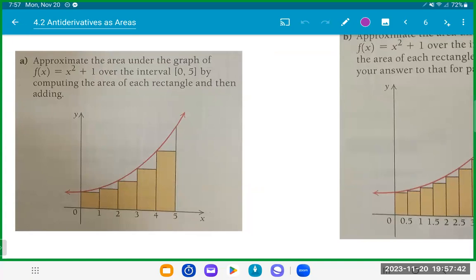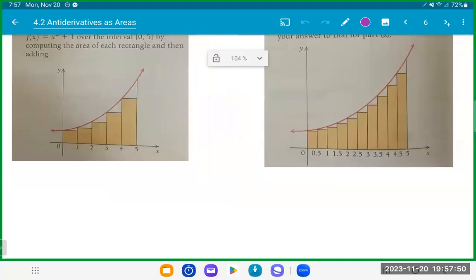First of all, we know that our function is x squared plus 1, but we have to determine what our delta x is, right? So our delta x is equal to b minus a divided by, not by b, but by however many elements we have here.